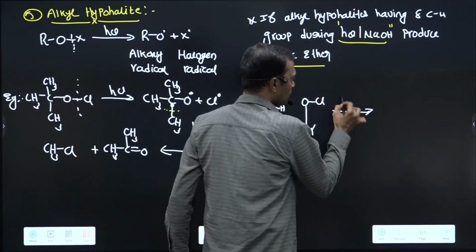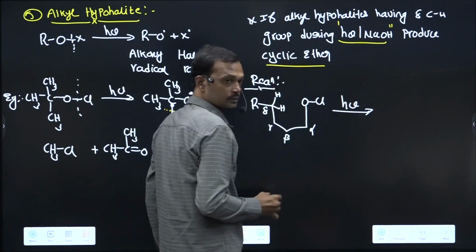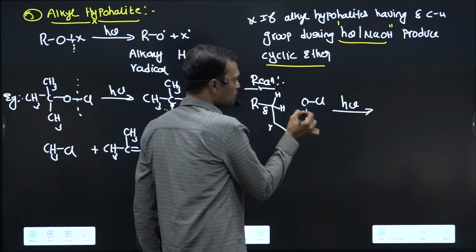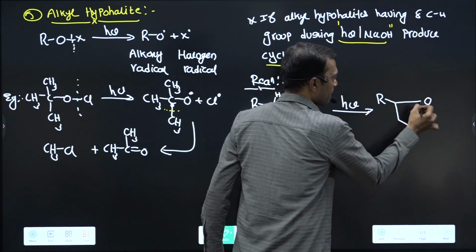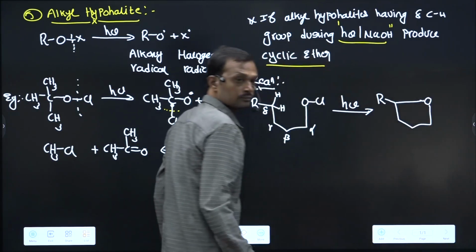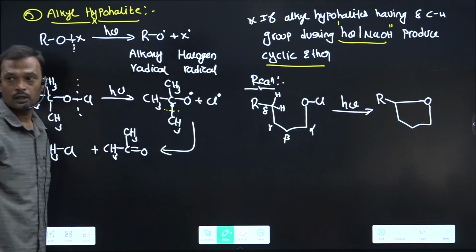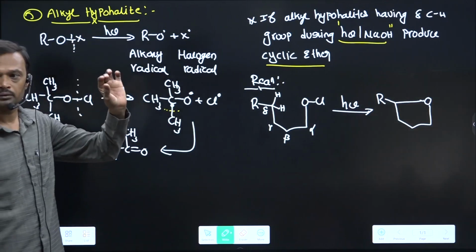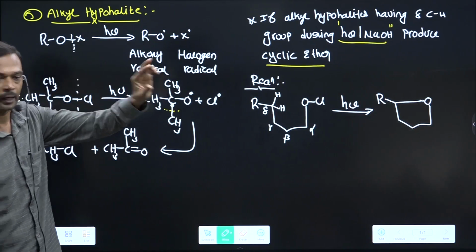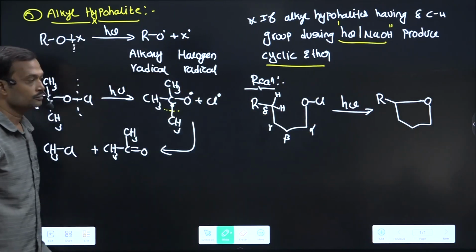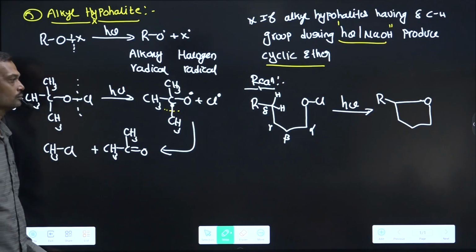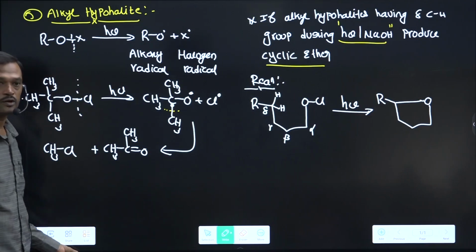Then photochemically, if they irradiate, what happens? This carbon-oxygen bond formation takes place. Remove one hydrogen from the delta carbon, and join delta carbon and oxygen by removing halogen. That is the answer. This is a very, very important point.